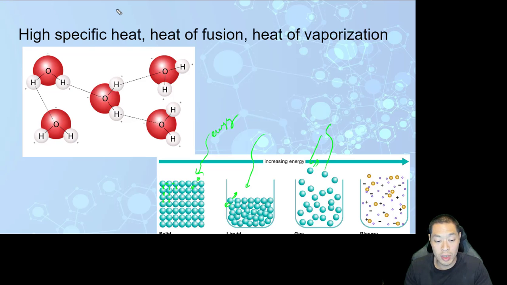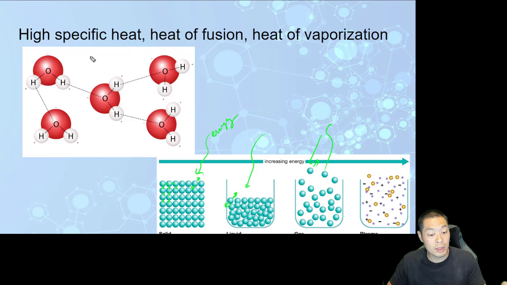So amount of energy, remember, I forgot to say it, specific heat is the amount of energy required to raise it 1 degree. So for water, it requires a lot compared to other objects or other chemicals or molecules out there because of this hydrogen bond. And also because of that, you're going to have a lot of energy required for it to change from solid to liquid and liquid to gas because of that hydrogen bond.